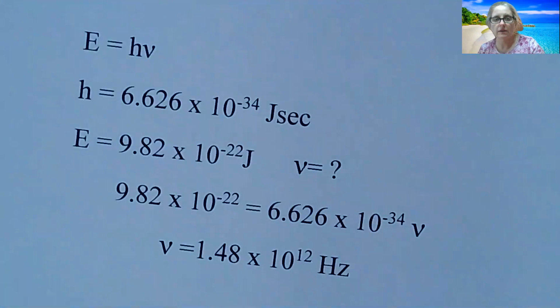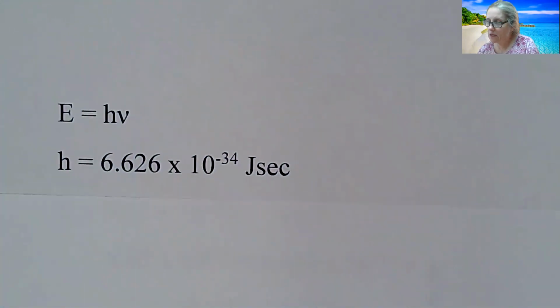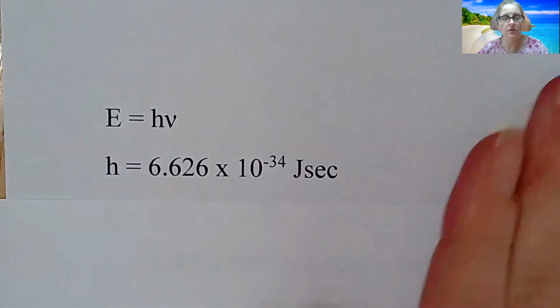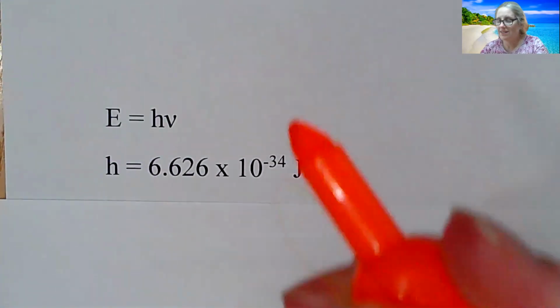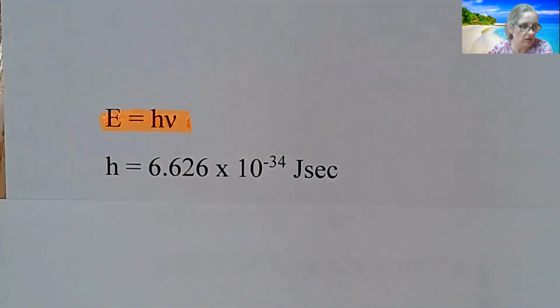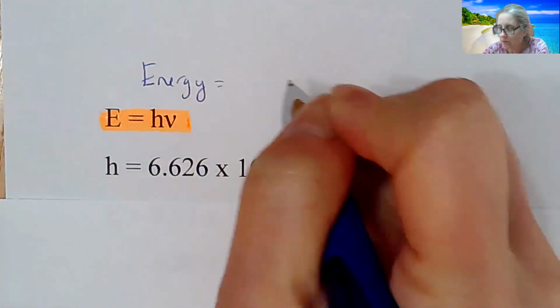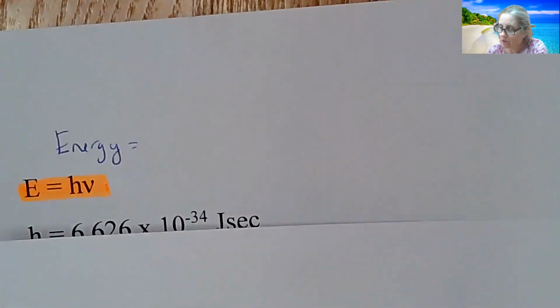So another calculation we're going to do is with this equation. Energy is equal to H times nu. This is another equation that you're going to need to have. This is saying something about the energy of the light is equal to H times nu.